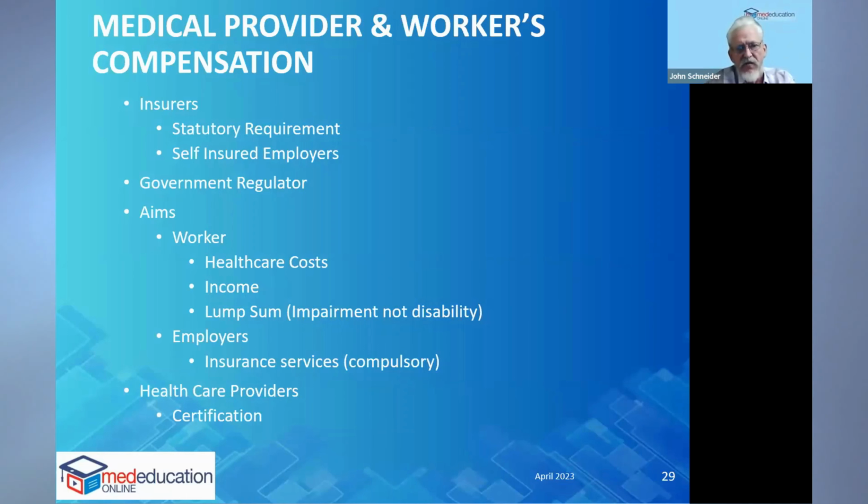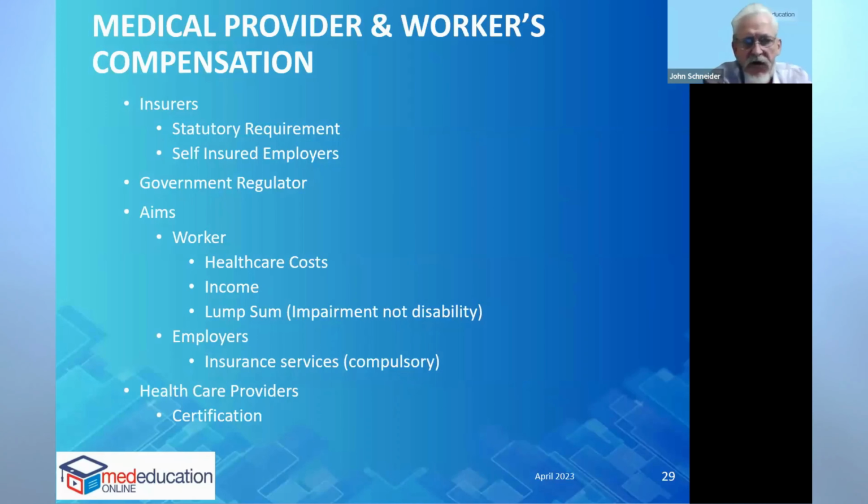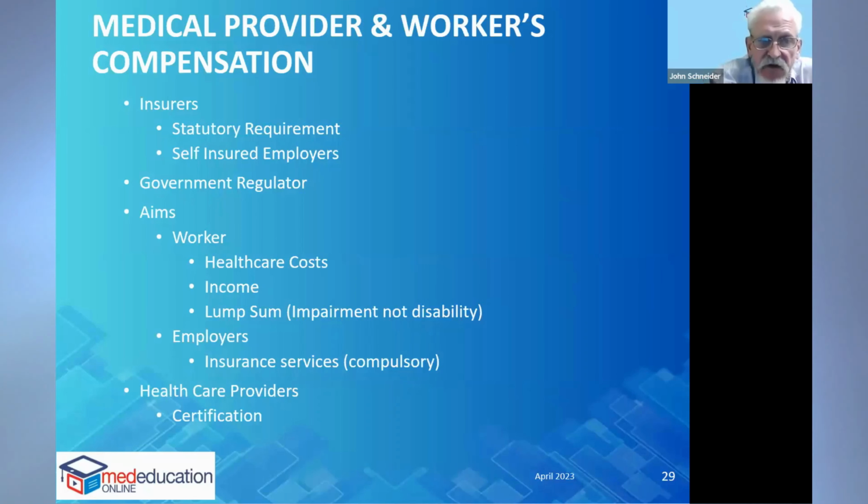There's a government regulator in Australia anyway, and the aims of that insurance are to cover the cost of healthcare, to provide income replacement services if the patient is unable to work because of a work-related illness, in situations where there is a permanent impairment that can't be repaired, if you like, then frequently there's access to lump sum payments through some form of assessment.